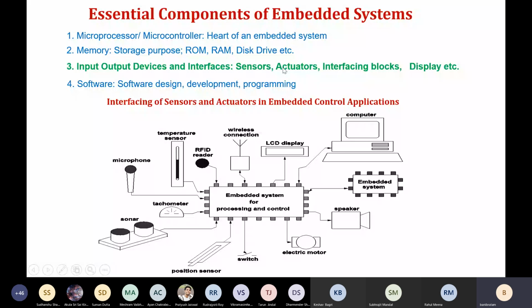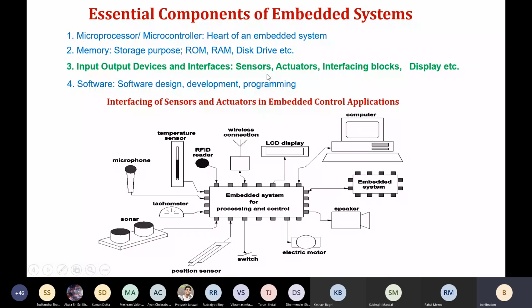Now, today we will see how, to develop or design a complete embedded control system for various intended applications, we can interface these components like sensors and actuators, keeping the practical applications in our mind. Among these four, you have already been acquainted with the first, second, and fourth components.